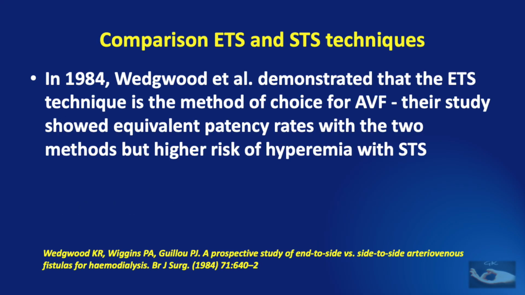In 1984, Wedgwood et al. demonstrated that the end-to-side technique is the method of choice for AV fistula. Their study showed equivalent patency rates with the two methods, but higher risk of hyperemia with side-to-side anastomosis.